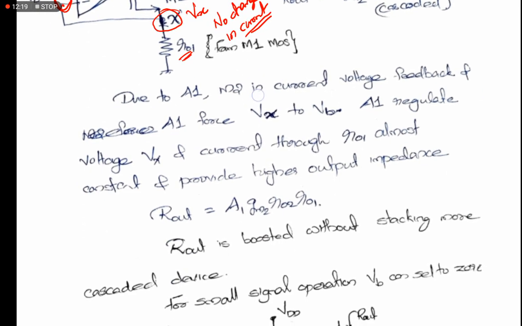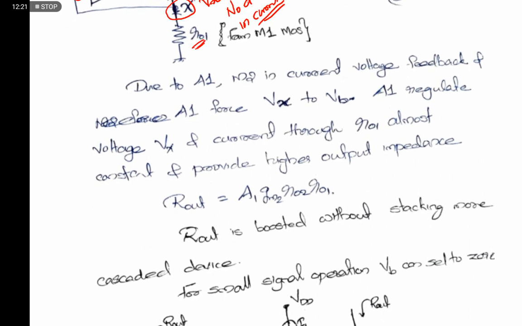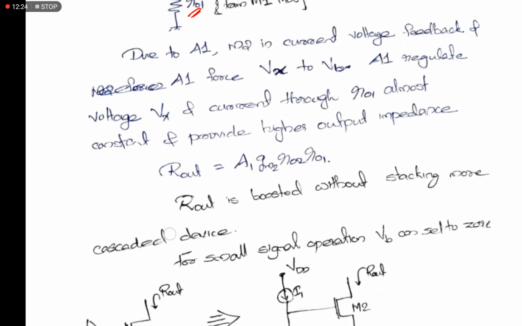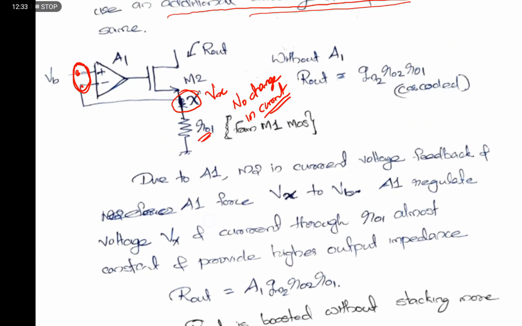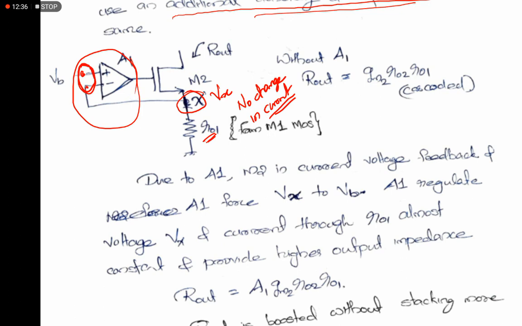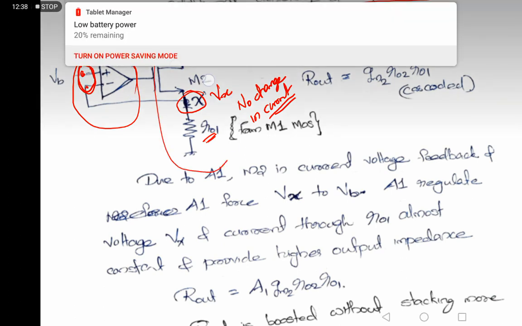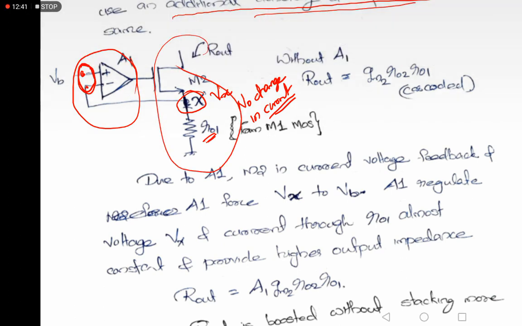Okay, and the effective resistance value we are not deriving here, and the effective resistance R out is equal to A1 times the effective resistance of the normal device without that amplifier. If this amplifier is not there, this will be a cascaded configuration, and its resistance is R01 multiplied with the intrinsic gain of M2, like GM2 R02 into R01.